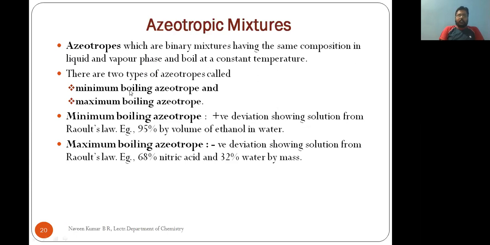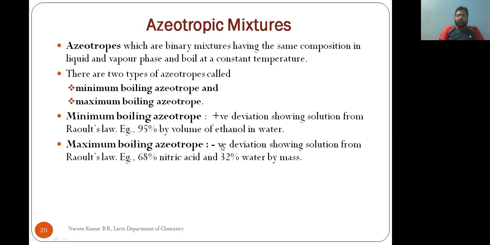A solution may be classified as a minimum boiling azeotrope or a maximum boiling azeotrope. We'll recall again non-ideal solutions and attractive forces. If the attractive forces between the solute and solvent are weaker, that is a positive deviation showing solution, and they form a minimum boiling azeotrope as the first type of azeotropic mixture.